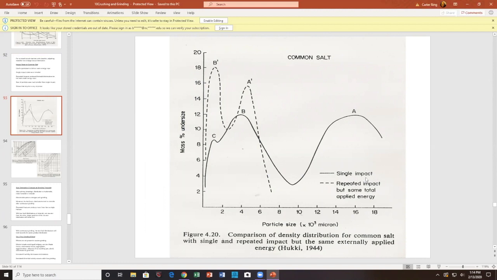Now using the same amount of energy, but repeated impacts, I get a size distribution which is here. And I see very large portions of fines, a much reduced size of the largest. So you can see that comparison of size distribution for a single impact versus repeated impact. From the point of view of size reduction, repeated impacts are more beneficial than just one impact.